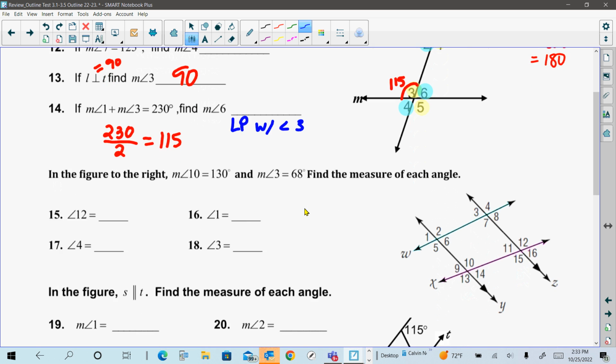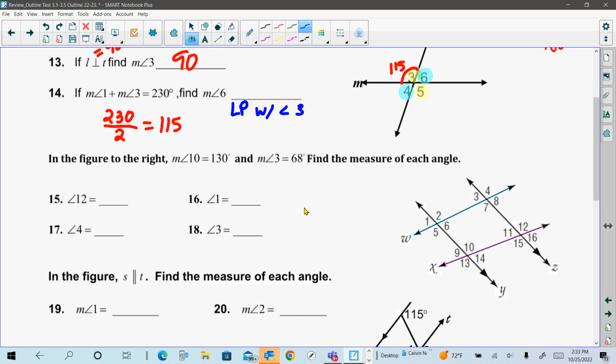Now, when you get to this section, the thing that's important is right here, they've already told us we have parallel lines with those arrows. So Y is parallel to Z. Also, they told us that angle 10 was 130, so that should be marked 130, and 3 is marked 68.